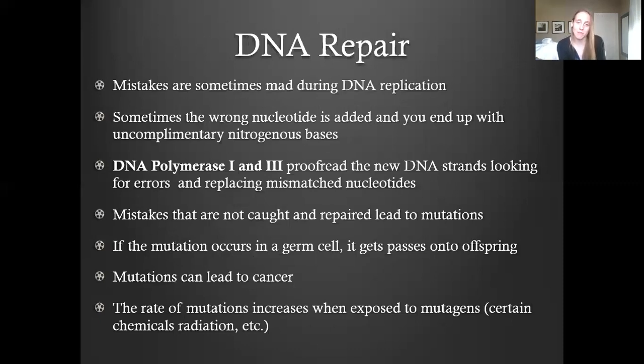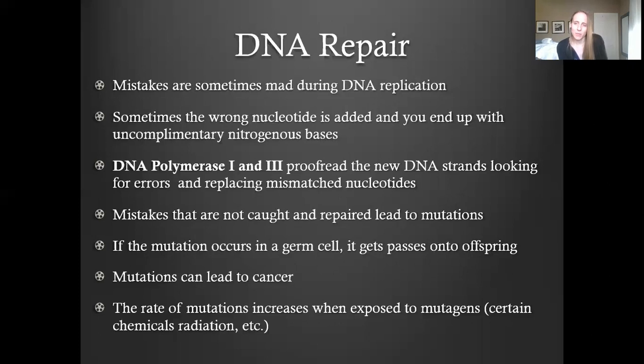There are, however, sometimes mistakes made during DNA replication. This is how we get some of our mutations, like our gene mutations. So you might have a nucleotide that is put in the wrong spot or doesn't get put with its complementary base pair.